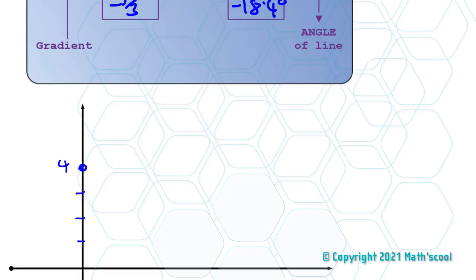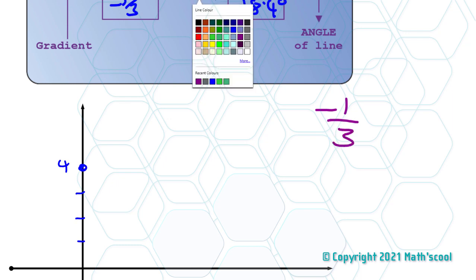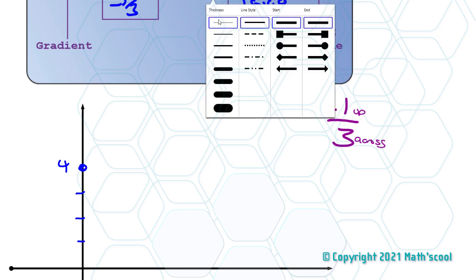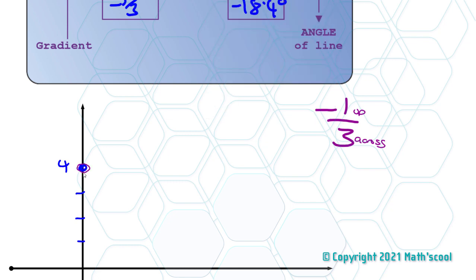When I see the gradient is minus a third, next to it I write up and across. And then I start from the y-intercept and I go minus 1 up, 1, 2, 3 across. And then just connect those two points with a straight line.